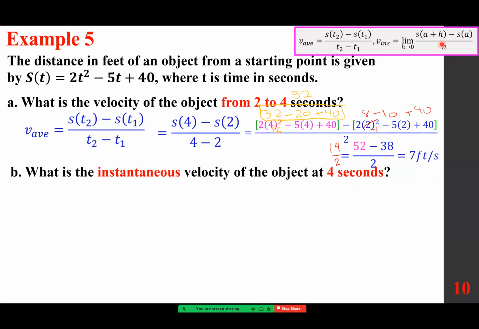And notice instead of f function, we have the s function, okay? So big deal. So we use that formula where a is 4, okay, everybody? So let's take a limit, and a is replaced with 4.